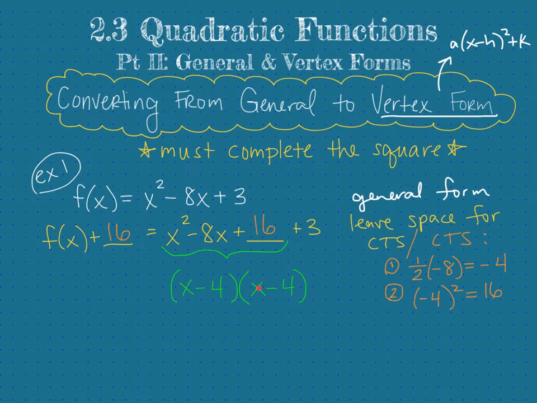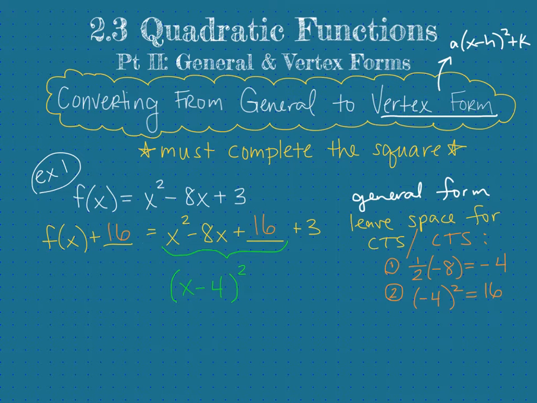However, since it's the same, we do not need to write it twice. We can simply write it one time and then square it, because squaring means multiplying something by itself. This means x minus 4 times x minus 4. That's why we have just completed this square. We've created a perfect square trinomial that can be written as something squared.